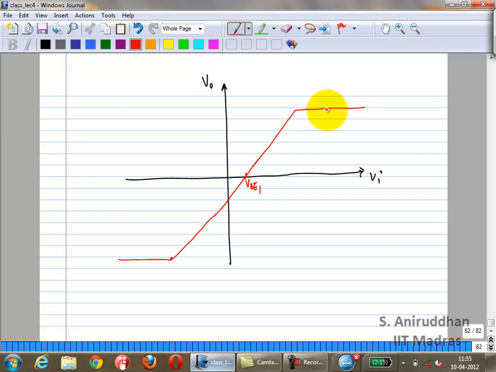What is the max value of V out? V sat 1. What is this value? Minus VCE minus VEE plus V sat 2.